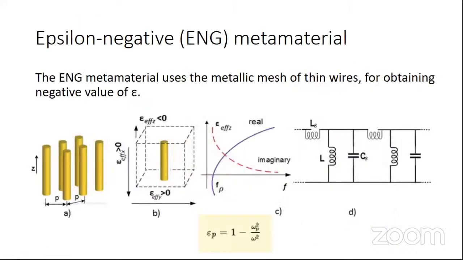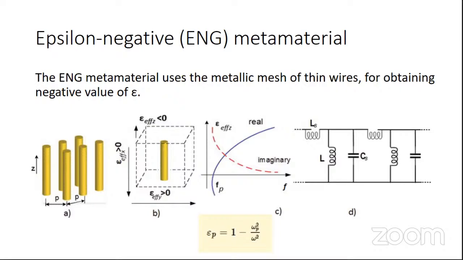Scientists firstly did not create a fully metamaterial structure directly, but they obtained a material with negative epsilon, meaning only the permittivity is becoming negative, but not the permeability.